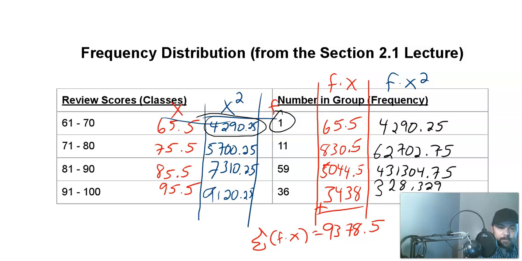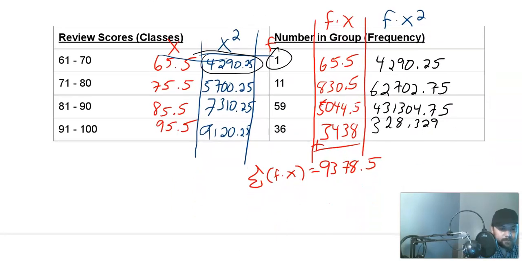All right. Then I want to add that column up. So let's use a different color here. I'm going to add this column up. So I'll have that last number, and I'll just add to that 431,304.75 plus 62,702.75 plus 4290.25.